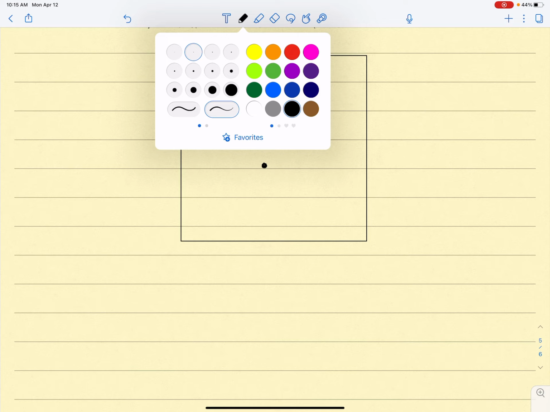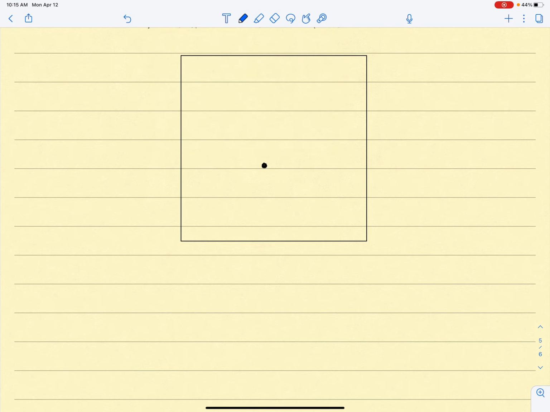We have an open set and neighborhood U of the point x naught.